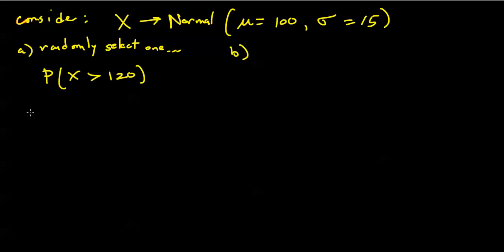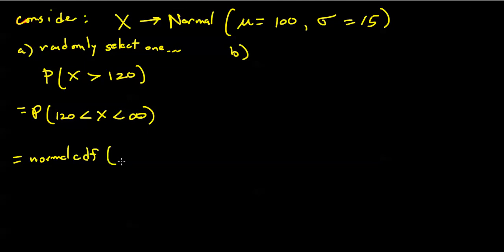Nothing new about part A here. We were able to figure this out as in section 6.3. It's a non-standard normal distribution. That's equal to the probability that X is greater than 120 and less than positive infinity. To grind this out, we would use our normal CDF command.